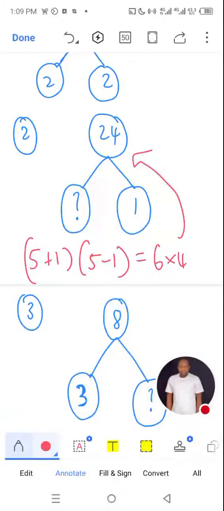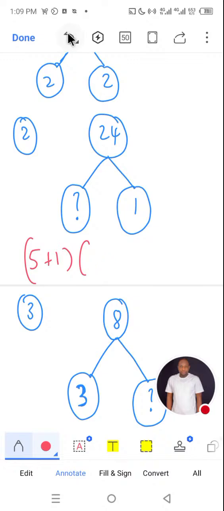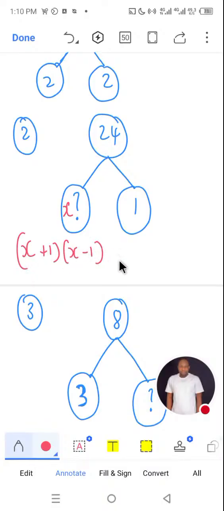You can actually solve this algebraically instead of just trying different numbers. That's why it's good to learn algebra, which is what we're currently doing in this channel. If you want to do this using the methods of algebra, you can make this question mark x and say, since you already know that x plus 1 in bracket and x minus 1 in bracket is equal to 24.